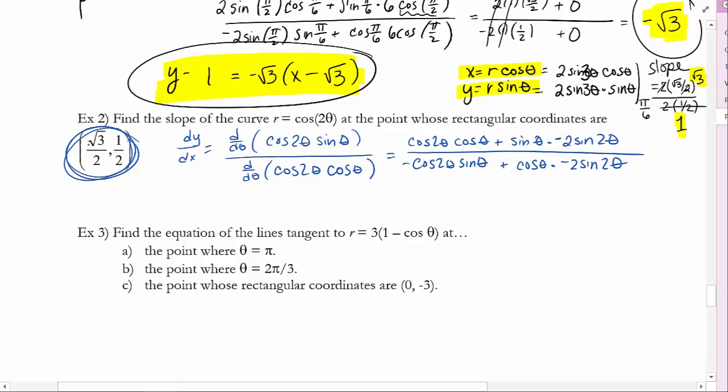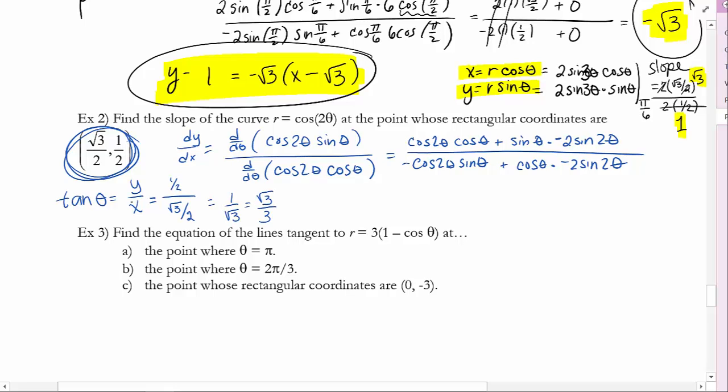So these are x and y coordinates, pardon me. So I need to figure out what theta I'm at. Well, fortunately for us, tan theta equals y over x. So tan theta equals 1/2 divided by root 3 over 2, which if I flip it is going to be 1 over radical 3, which is root 3 over 3.